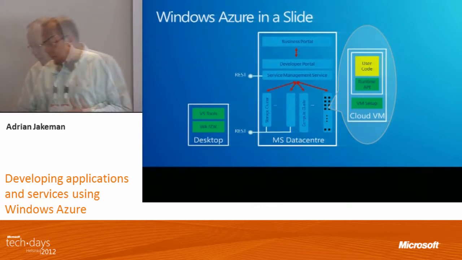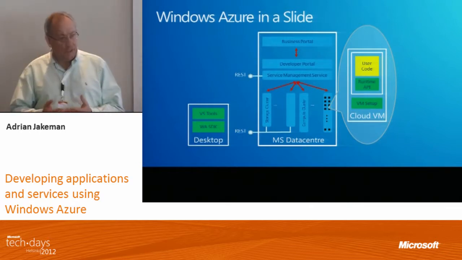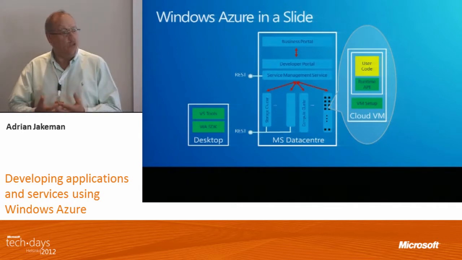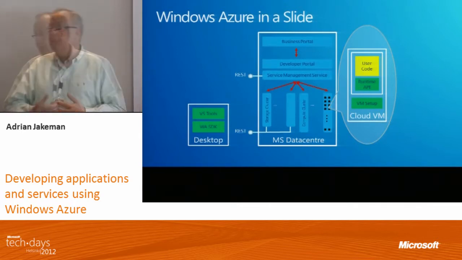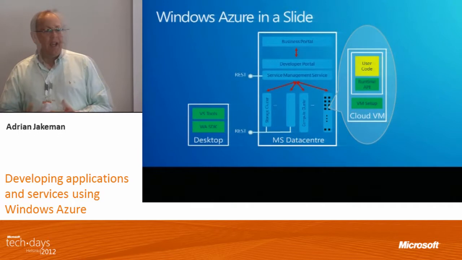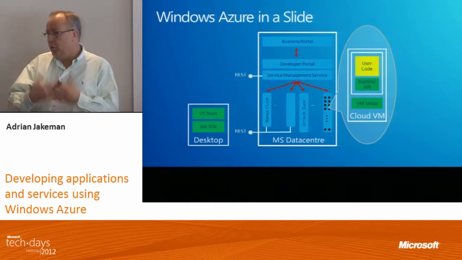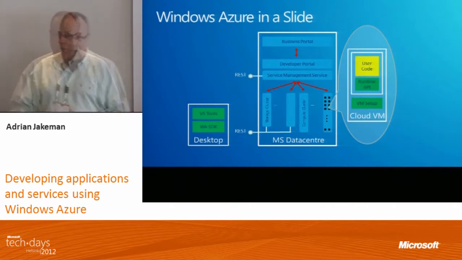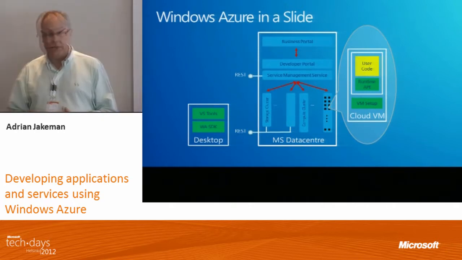The runtime API, the setup of the virtual machine. All of these things are provisioned and managed for you by Microsoft, and they're not necessarily something that you worry about or that you really have much interaction with. Your job, your development team's job, is to write the application, deploy the application, and let your users use it.